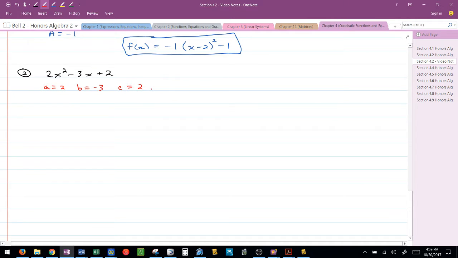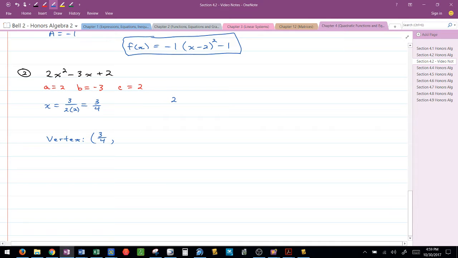First thing that I have to do is I have to find the vertex. x is equal to the opposite of b, which is 3, over 2 times a, which would be 3/4. So right now, again, at my vertex, I know that I have 3/4 as my x value. I have to substitute that in to find the y value.